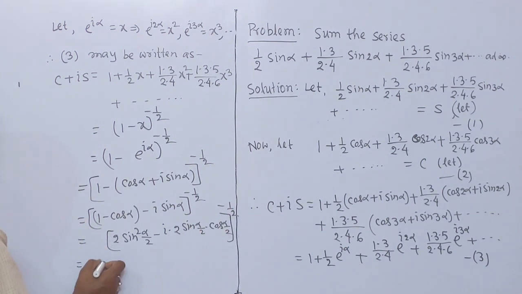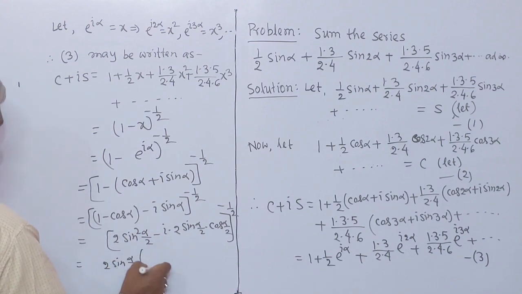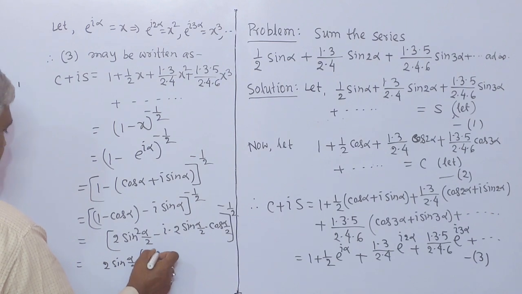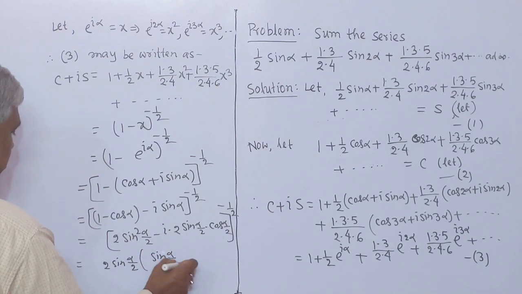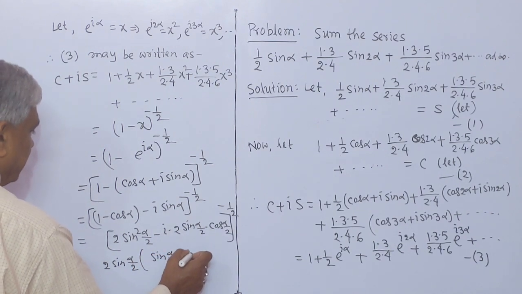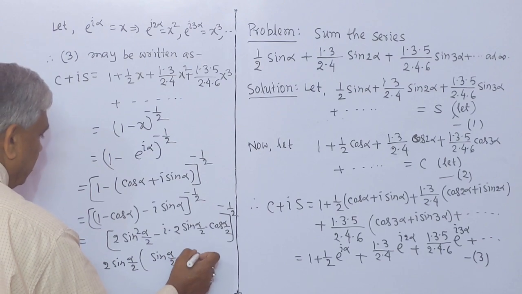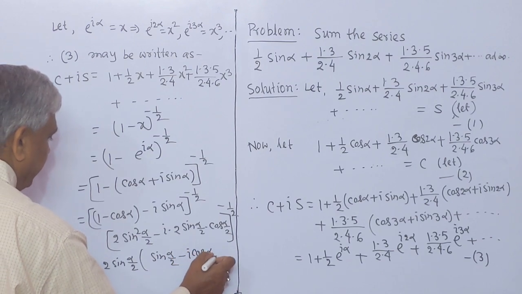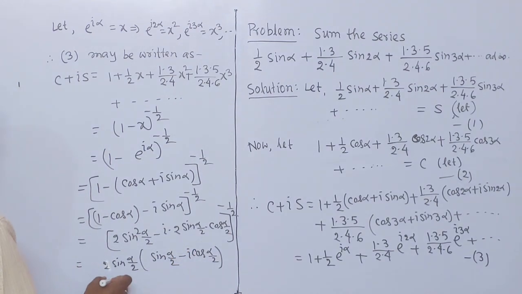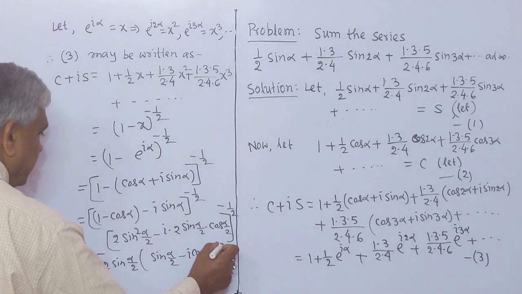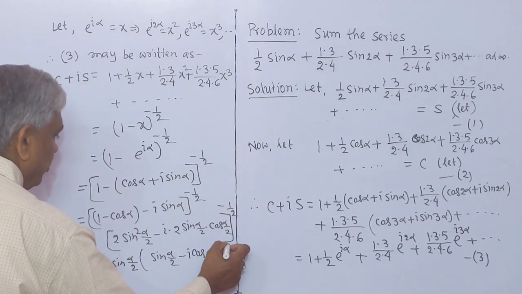This is equal to, we take common 2 sin alpha by 2, remains (sin alpha by 2 minus i cos alpha by 2) to the power minus half.